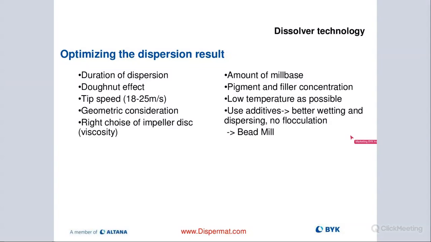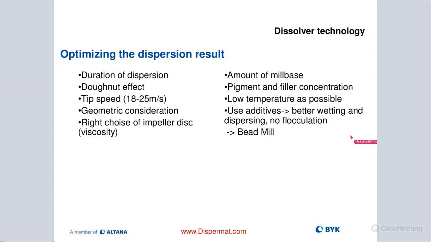The amount of mill base, so we recommend about a 50% fill rate in the container. You can go up as high as 70%, as low as 40, but 50% is what we aim for. Anything more than 70% usually will lead to spilling. That's not good. And if you are too low, then it's more difficult to oscillate.